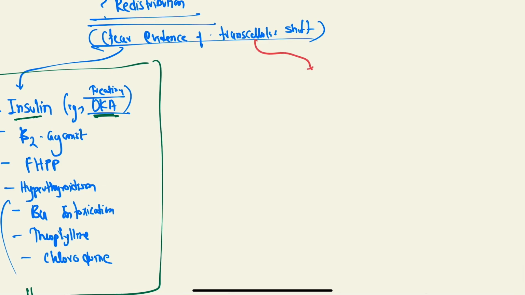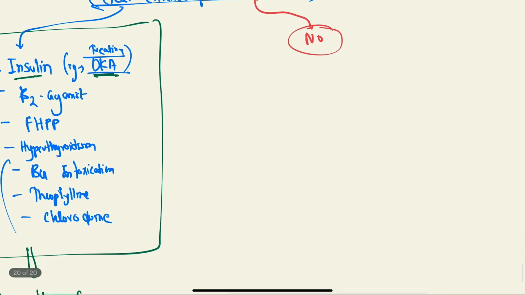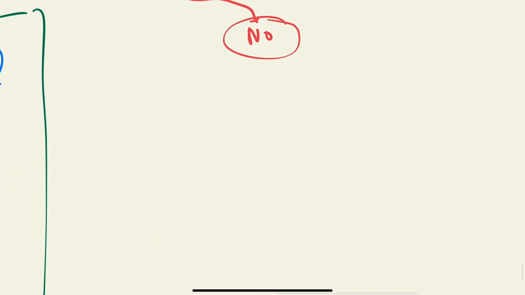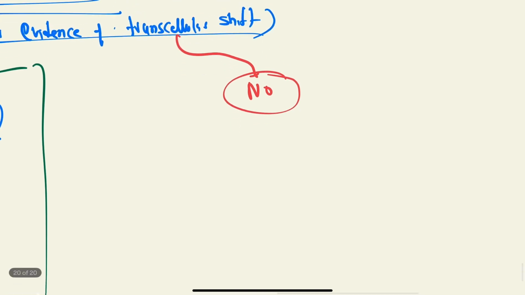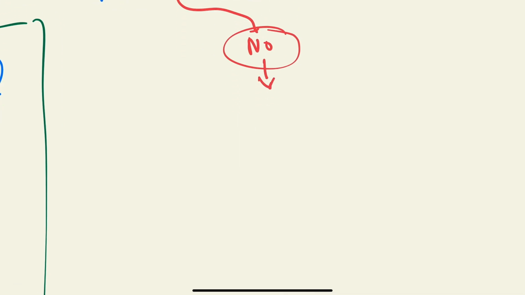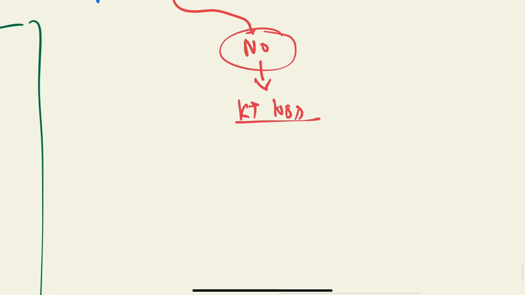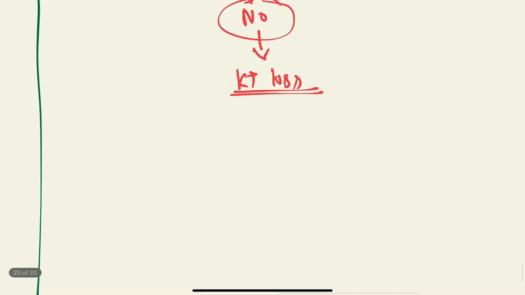If there is no evidence of transcellular shift, then how do we proceed? There is potassium loss going on. It can be lost from renal or GI.